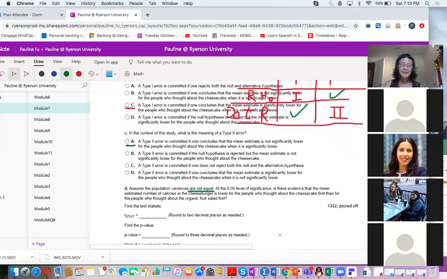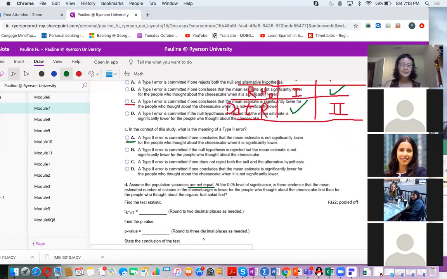Find the test statistic. Population variances are not equal. So let's do that one.